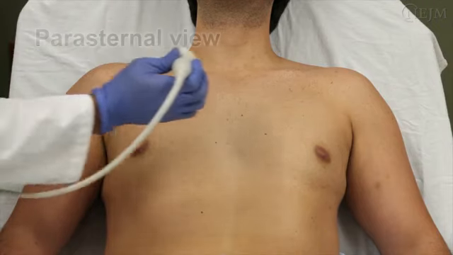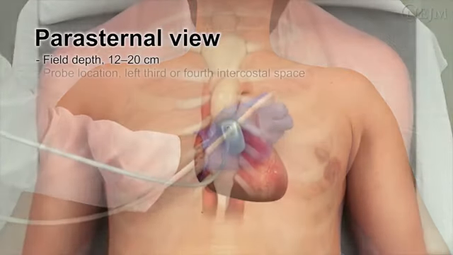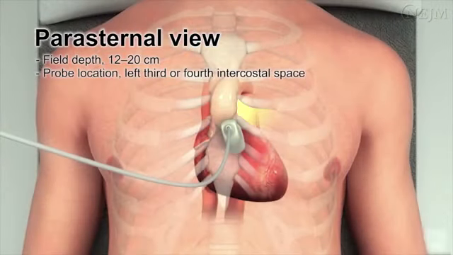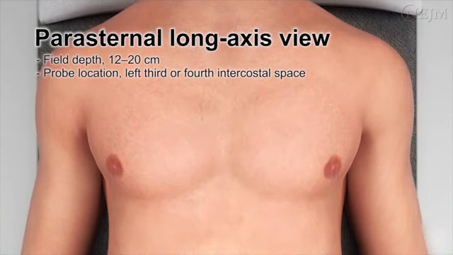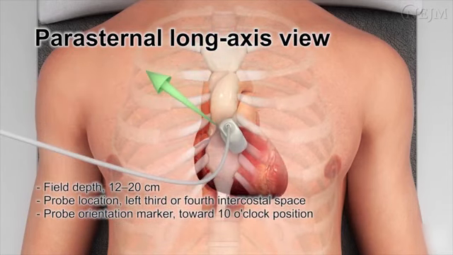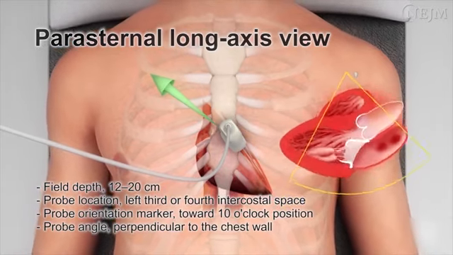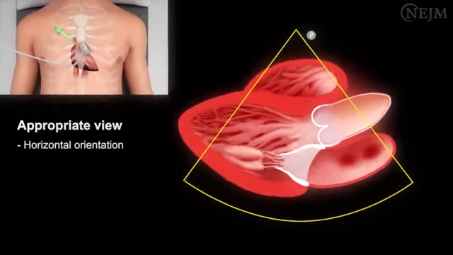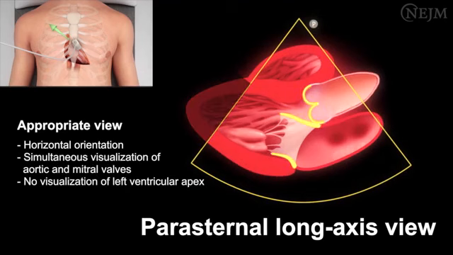To obtain an image in a parasternal view, set the field depth between 12 and 20 centimeters and place the probe over the left third or fourth intercostal space adjacent to the sternum. To obtain an image in the parasternal long-axis view, point the orientation marker toward the 10 o'clock position or the patient's right shoulder and hold the probe perpendicular to the chest wall. The heart should be visualized in a horizontal orientation, showing the aortic and mitral valves, but not the left ventricular apex.